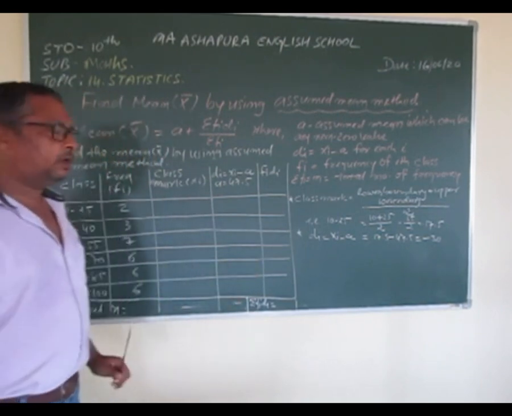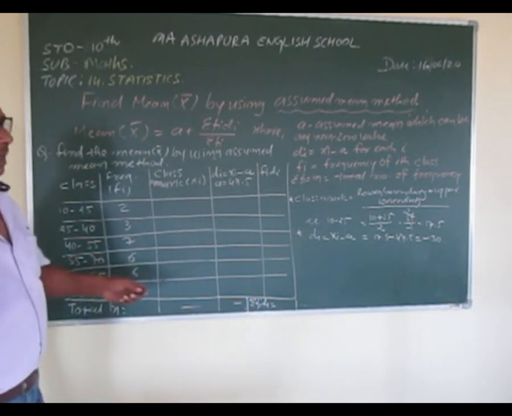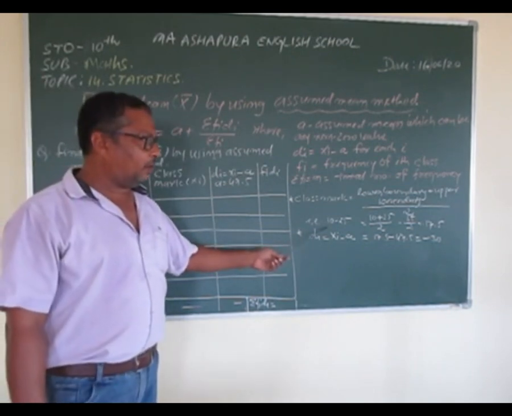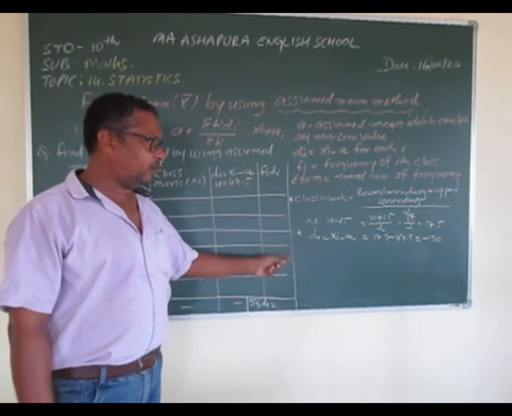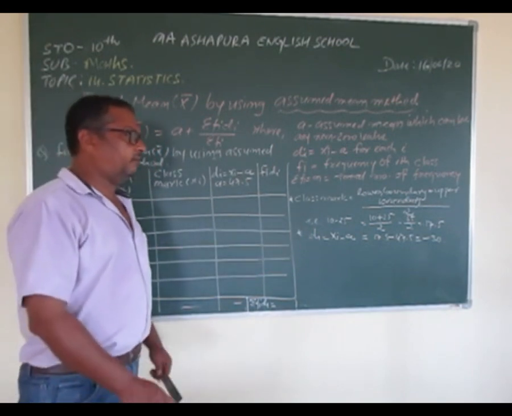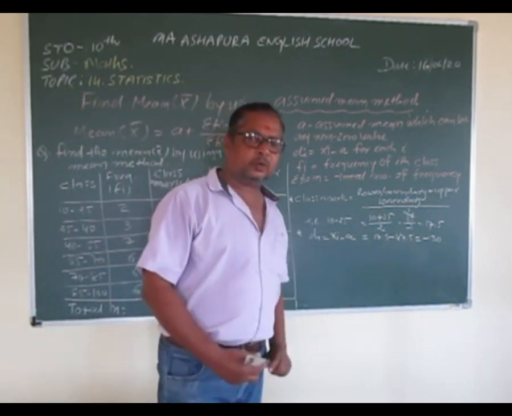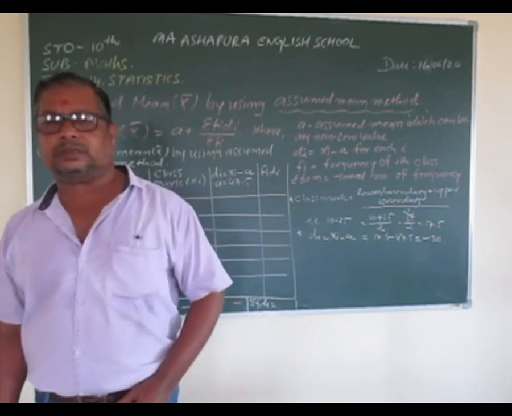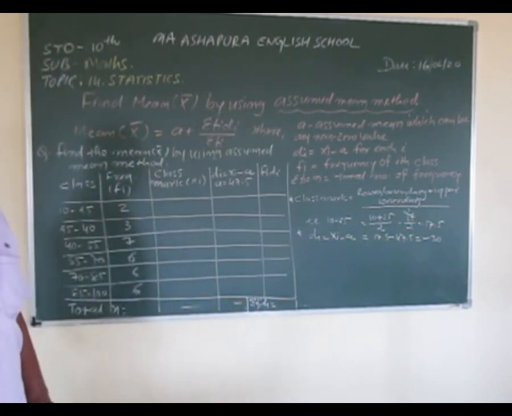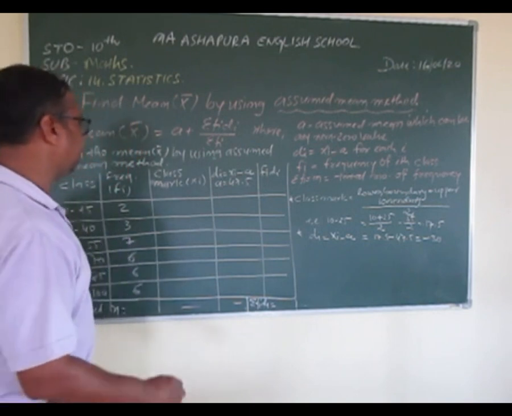For example, in the first class interval 10 to 25, 10 is the lower boundary and 25 is the upper boundary. So 10 plus 25 divided by 2 gives 35 by 2. Half of 35 is equal to 17.5.